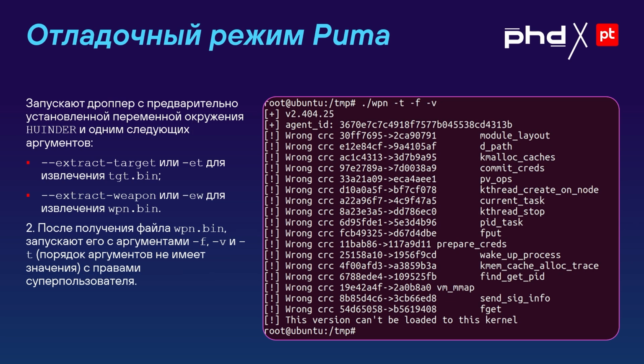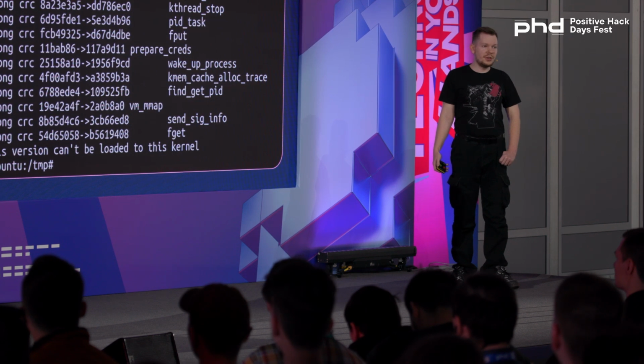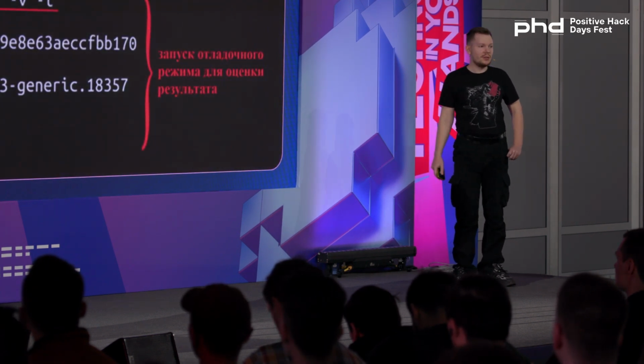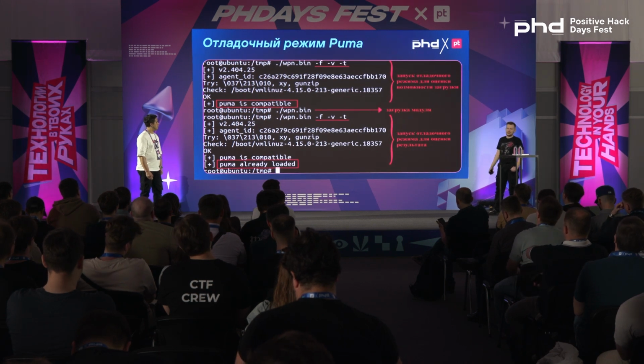On the screen, you can see the output of the debugging, and it's reporting that the kernel symbols are not in line. It verifies the control amounts, and it shows the control amounts that are not in line. On this slide, you can see a successful debugging.